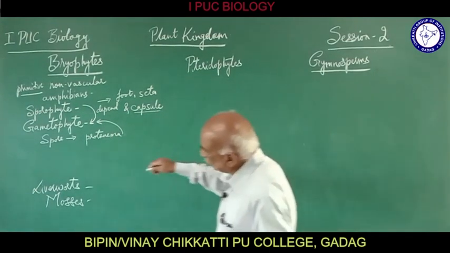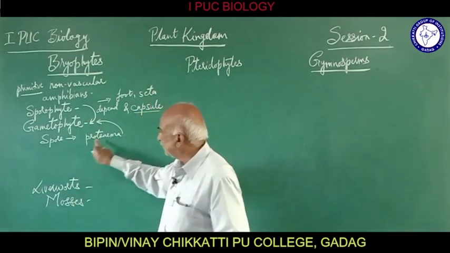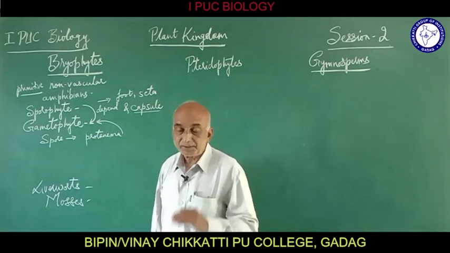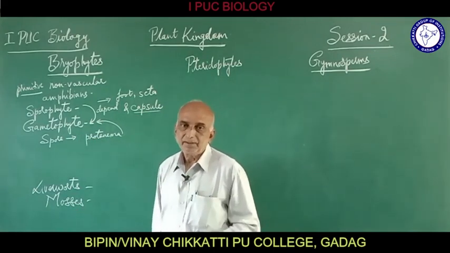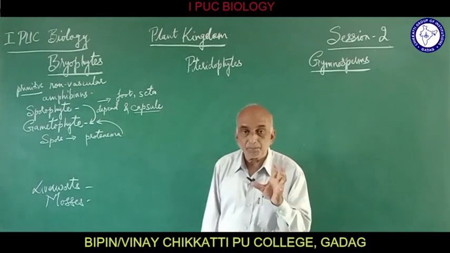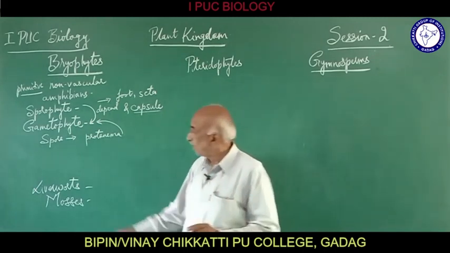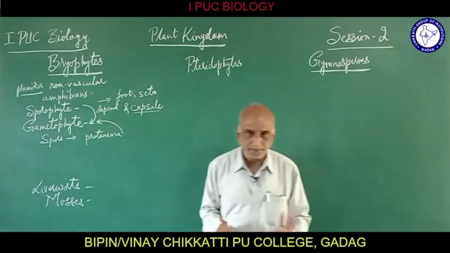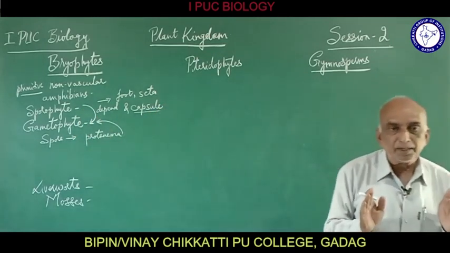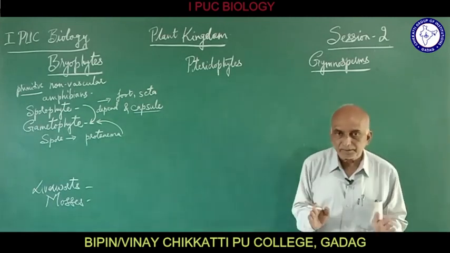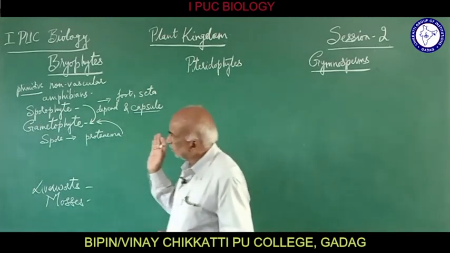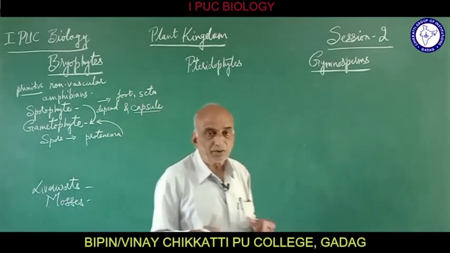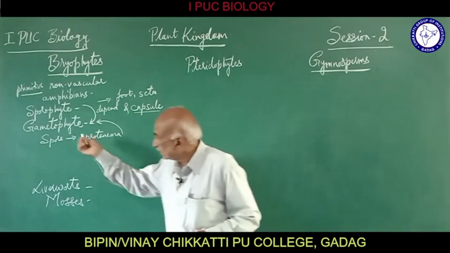Usually in liverworts we don't come across protonema. In mosses we come across it. Mosses are developed bryophytes in their structure, morphology and form. So the sporophyte is the part of the plant where the spores are produced, and these spores which are released develop into the gametophyte.